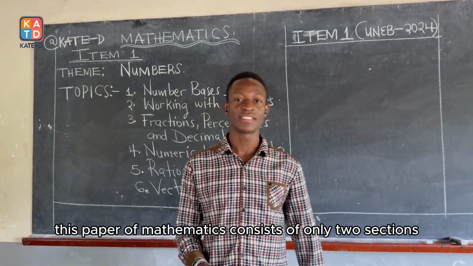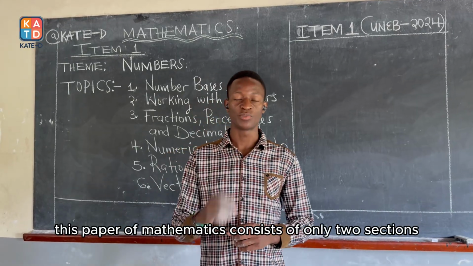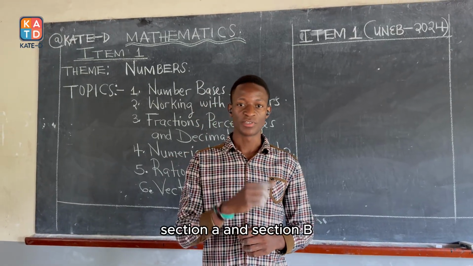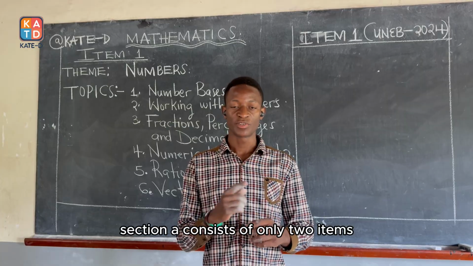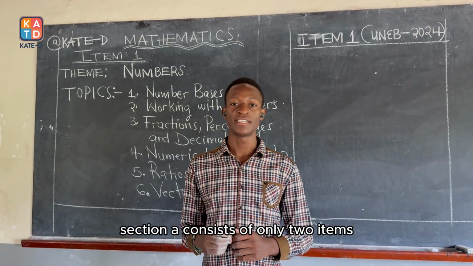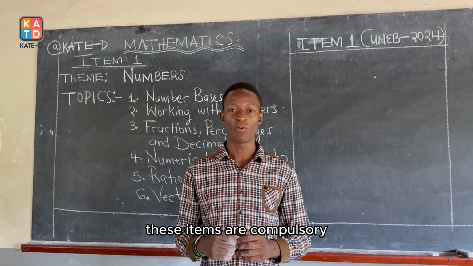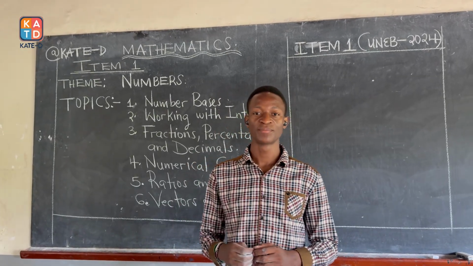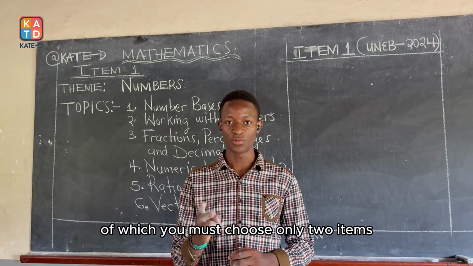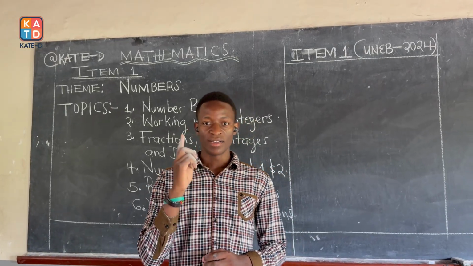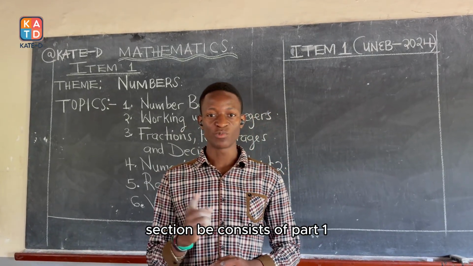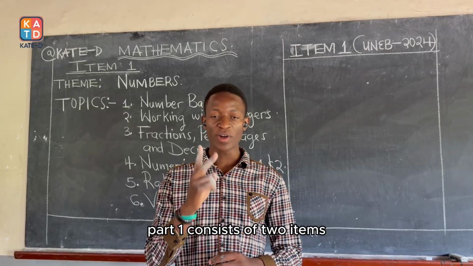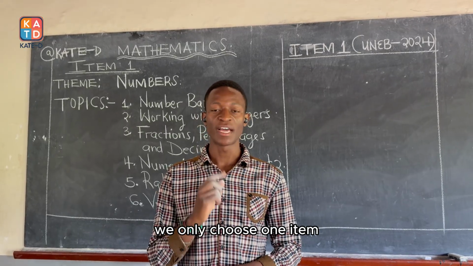This paper of mathematics consists of only 2 sections, Section A and Section B. Section A consists of only 2 items. These items are compulsory. Section B consists of 4 items, of which we must choose only 2 items. Section B consists of Part 1. Part 1 consists of 2 items, we only choose 1 item.